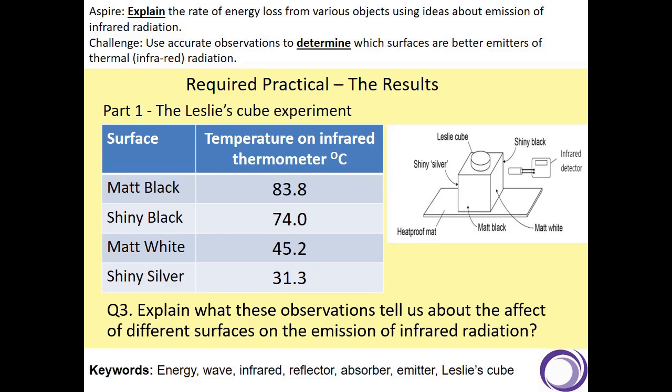Then we can go down to the lowest number and say the shiny silver surface with a temperature of 31.3 degrees C is emitting the least amount of infrared radiation, with shiny black and matte white being in the middle. Okay, so matte, that means not shiny, black surfaces emit the most amount of infrared radiation.